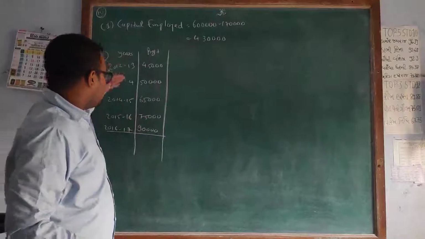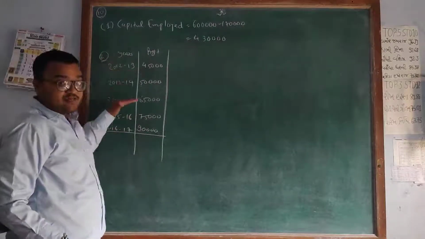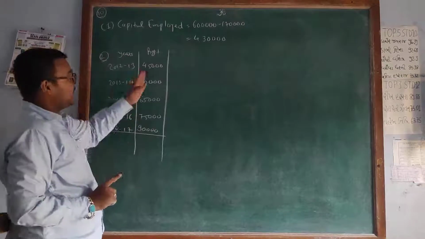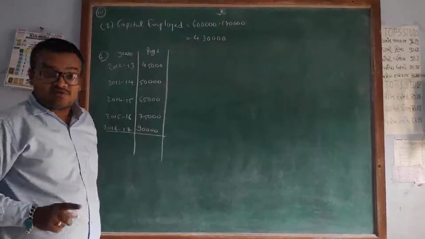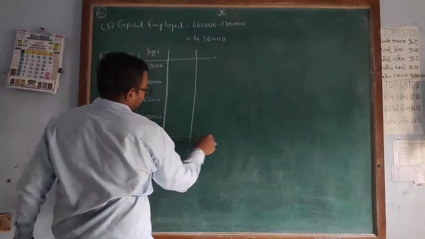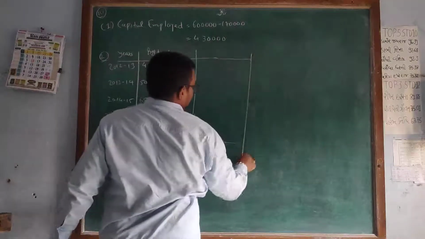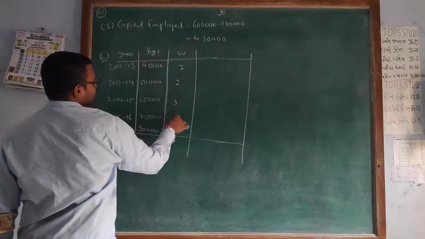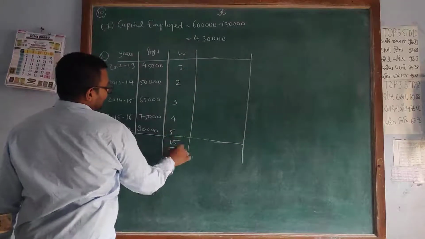Now friends, you can see that the profits year by year are in increasing order, so we have to obtain weighted average profit. Calculation in this regard. Weights 1 2 3 4 5, total 15.